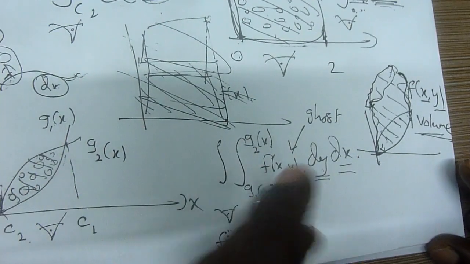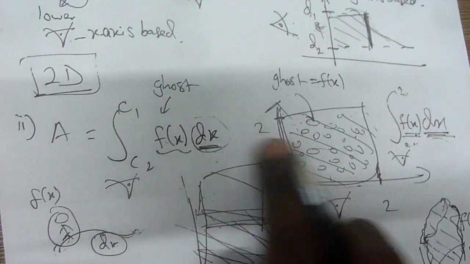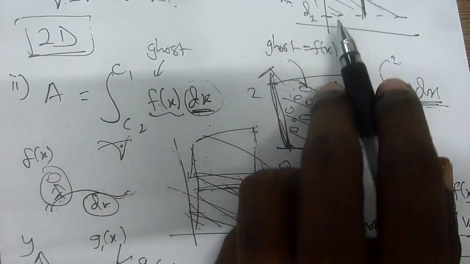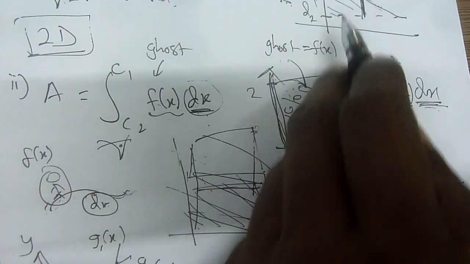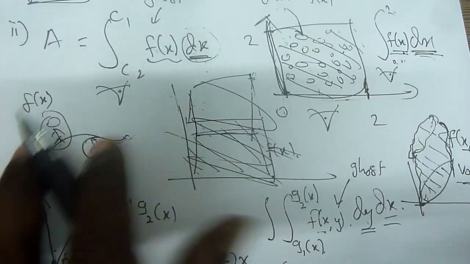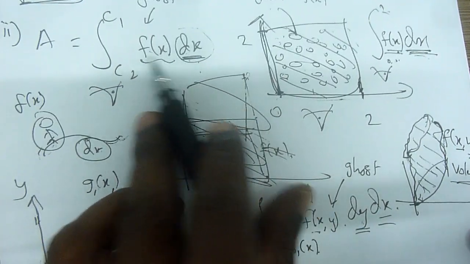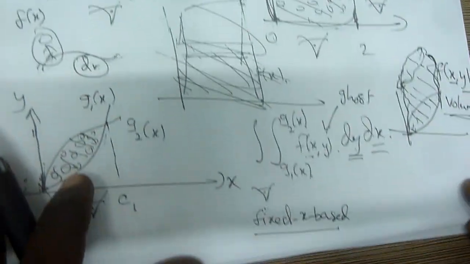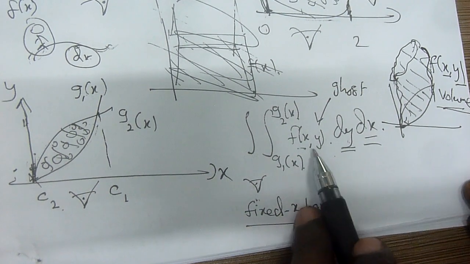Therefore you see the 2D you can calculate for the volume. For the 1D you can calculate for the surface here. You can use that as a surface. You can use fx to calculate the surface, but this one is able to calculate what we call a volume.